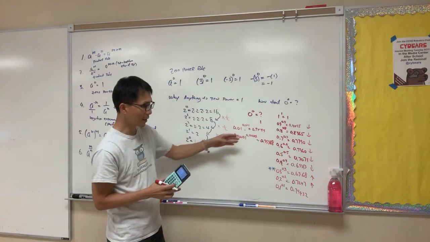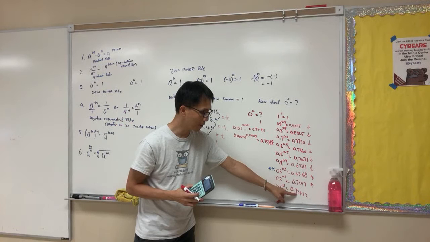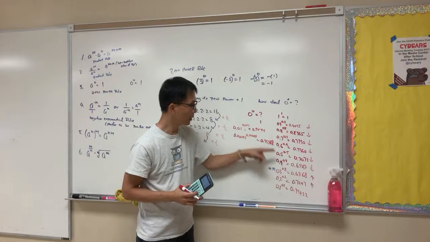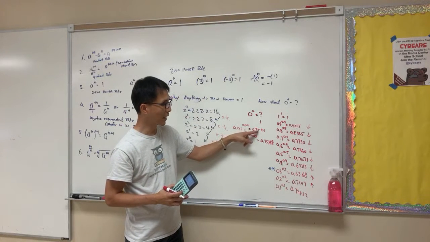So you see like this number is going faster, 72 to 79, and from here it's going to 95.